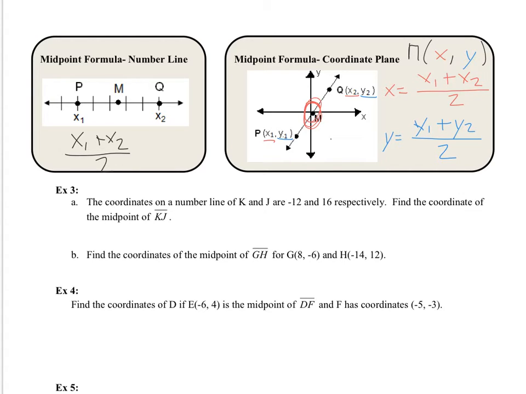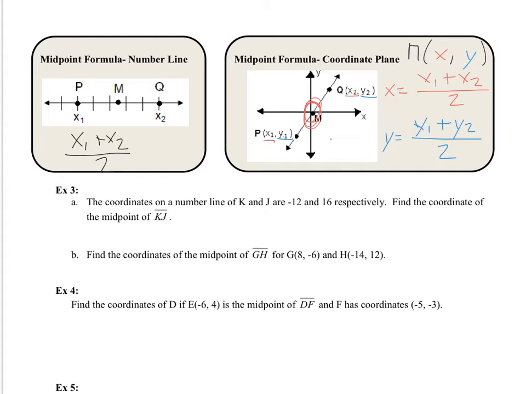Now in example 3, in part A, it tells us the coordinates on a number line of K and J are -12 and 16 respectively. Find the coordinate of the midpoint of segment KJ. So K and J are just 2 points that have a number associated with them.